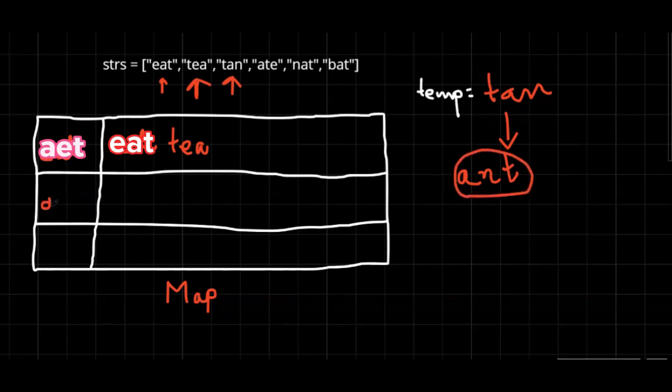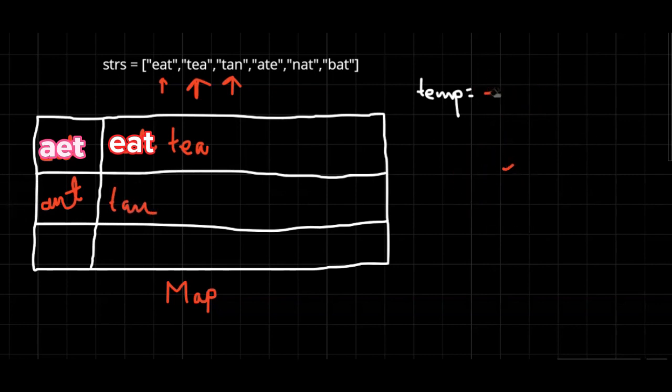So I am storing ant here. And we have to store tan as the value. So tan is stored here. Now let's erase the third string and move on to the fourth string.